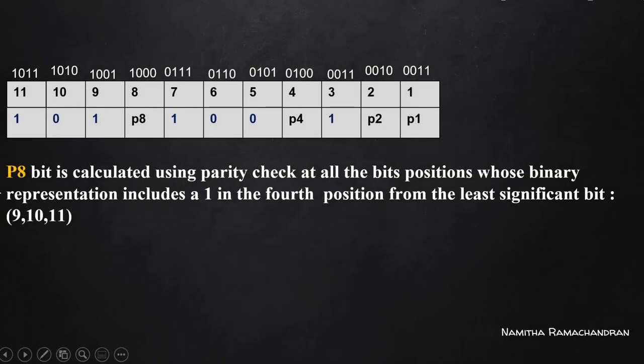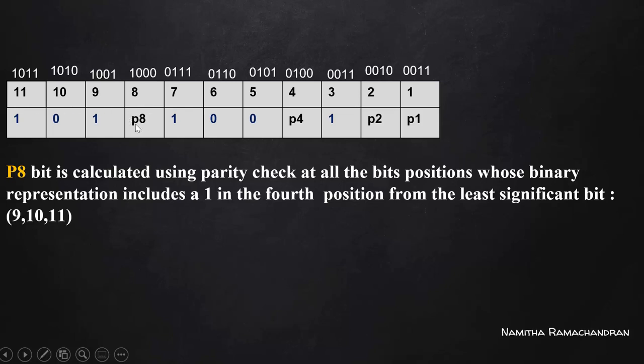Okay, and for this P8, that is the fourth redundant bit, for setting a proper value for this particular redundant bit, we need to consider all the positions with the fourth least significant bit position with value 1. Okay, so what are the locations? This 9, 10 and 11 here. We need to set a value here at location 8.